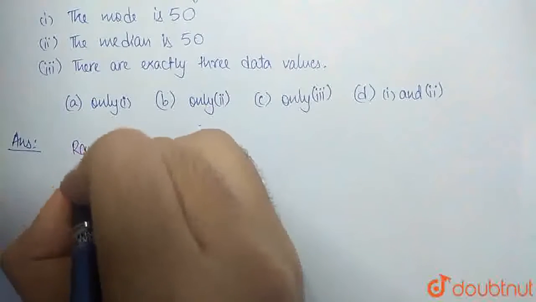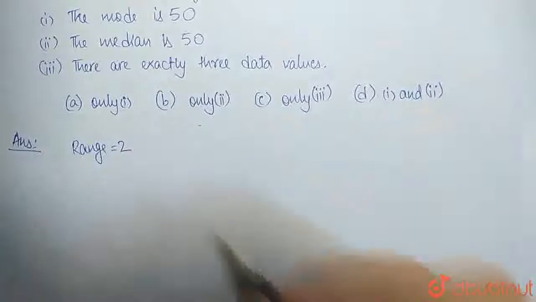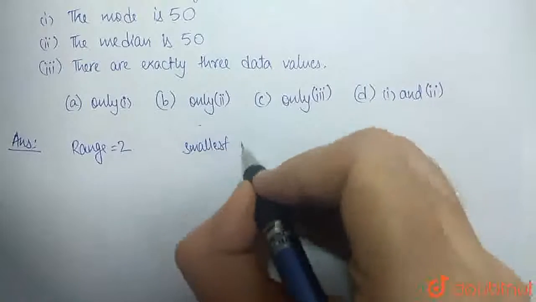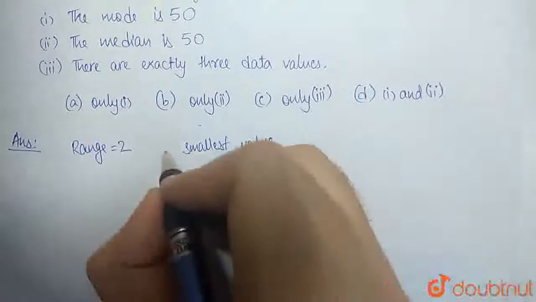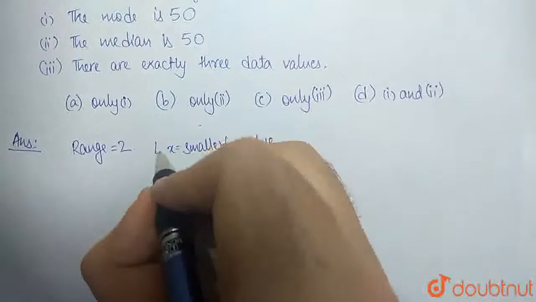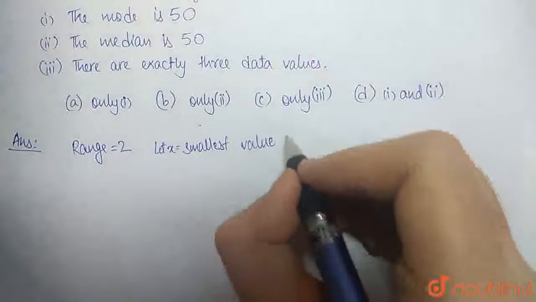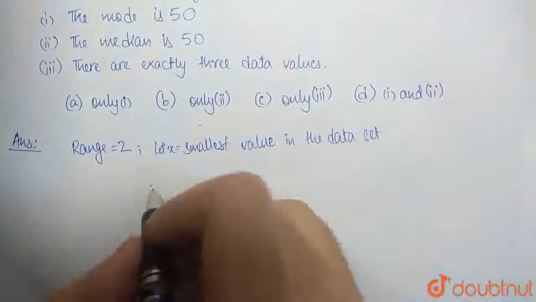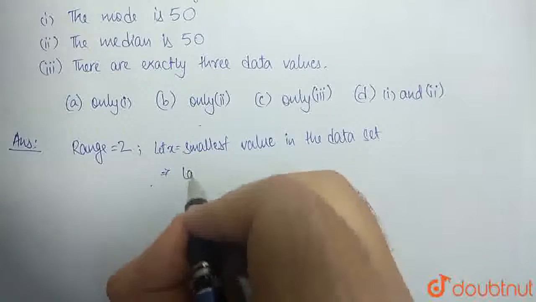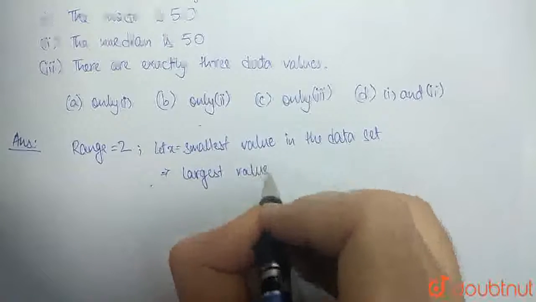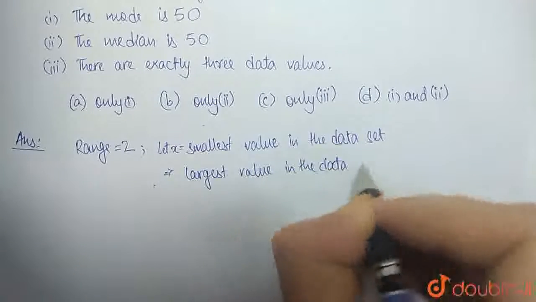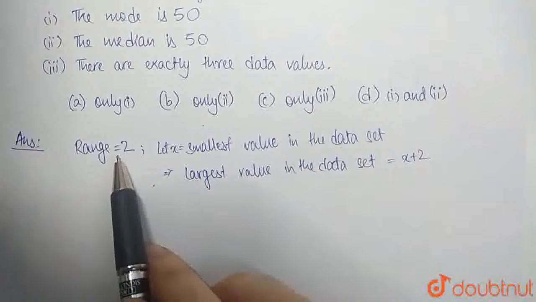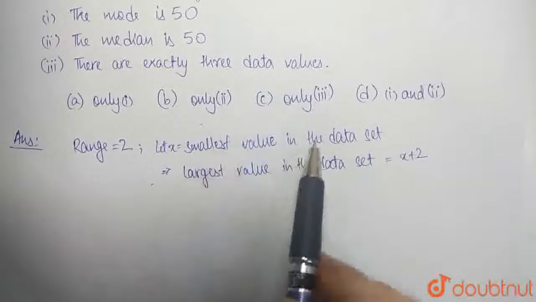We're given that the range is 2, which means the smallest value in the dataset, suppose it is x, right, let x equal the smallest value in the dataset, then the largest value in the dataset must be x plus 2, since the range is the difference between the largest and the smallest values in the dataset.